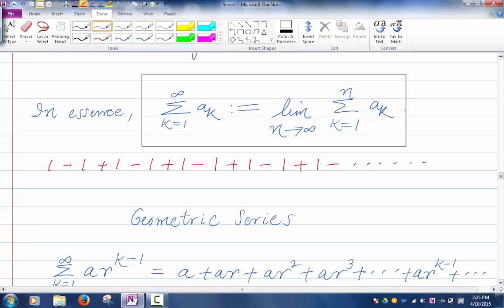The terms of the series are all 1, alternating in signs. Now, let's group together these terms. What am I getting? 0, 0, 0, 0. So what's the sum then? We got that the sum of this series is 0 in this way.